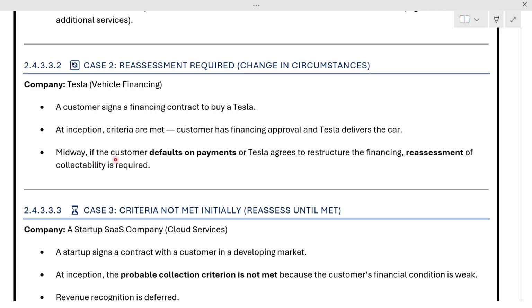So what will happen if the customer defaults on payment? Tesla agrees to restructure the financing, or we can say they will be reassessing their collectability, whether all these 5 criteria are met when the defaults are happening. So in the case of default or change in circumstances, reassessment will be done.